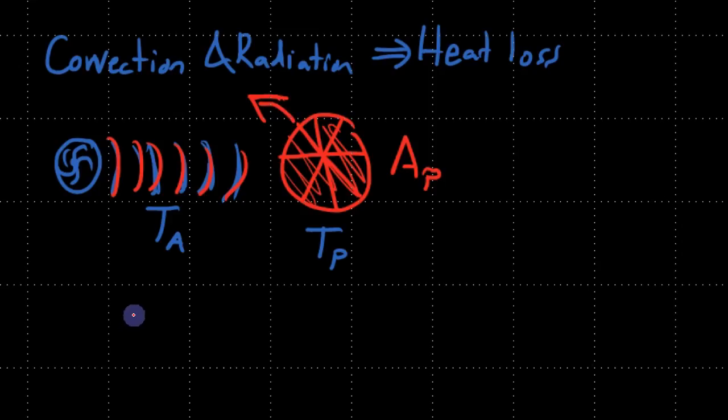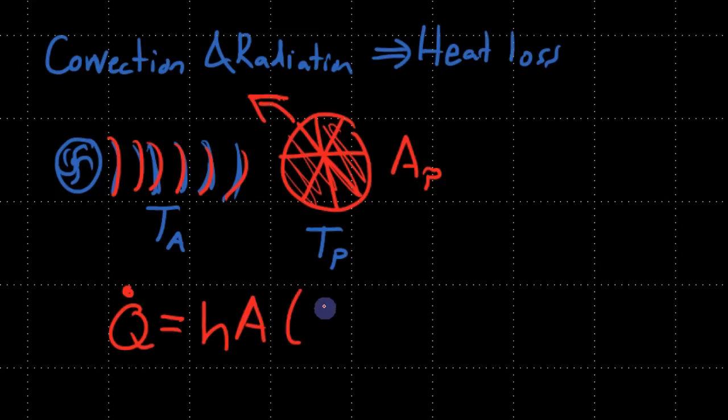So we relate the heat loss to the convection coefficient, which is H, and this is very important. H times the area, again, because if you have a larger area, you automatically have a larger heat loss, times the pizza temperature minus T_A, the air. So H A_P (T_pizza minus T_A). And H would be the convection coefficient.